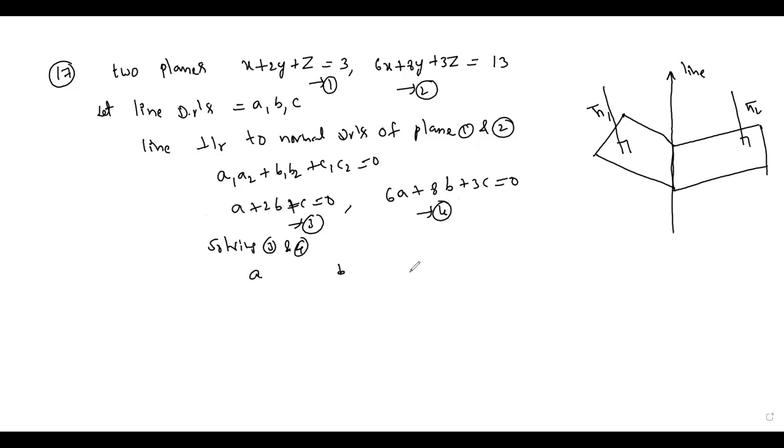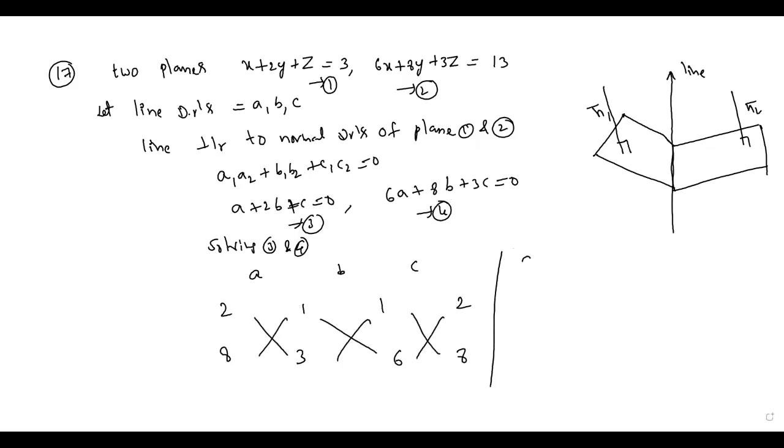The unknown symbols are A, B, C. First the middle term coefficient, that is 2, last term coefficient 1, first term coefficient 1. Again the middle term coefficient, similarly 8, last term 3.